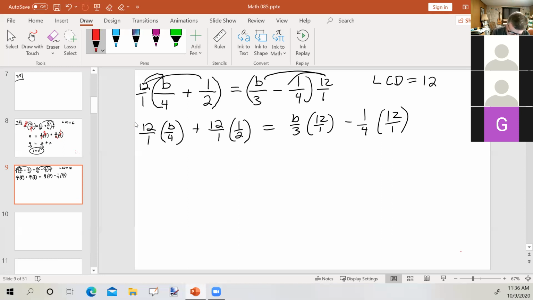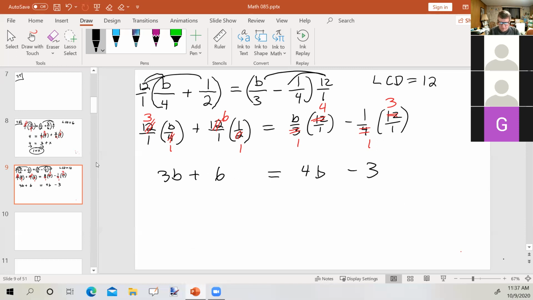So now I'm going to go back and simplify. 12 over 4 is 3 over 1. 12 over 2 is 6 over 1. 12 over 3 is 4 over 1. And 12 over 4 is 3 over 1. So 3 times b plus 6 equals 4b minus 3. All right with that?